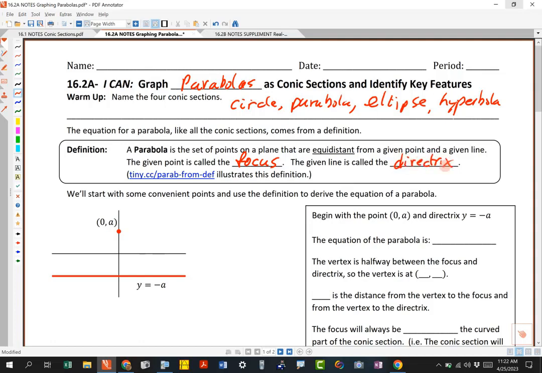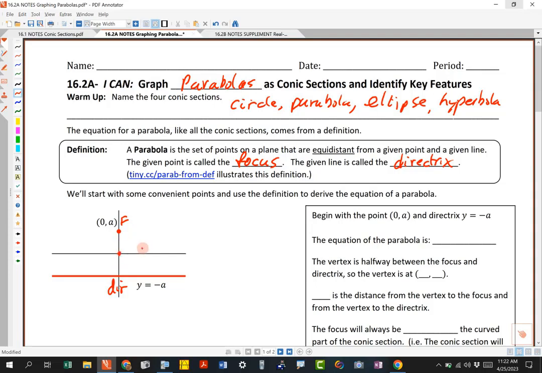And I've got a short animation here to show you where this comes from. So we need points, and I'm going to start off over here. We need points that are equidistant from this thing right here, which is the focus, and this thing right here, which is the directrix. Probably the easiest point to find to start would be that right there, because they're exactly the same distance from each other.